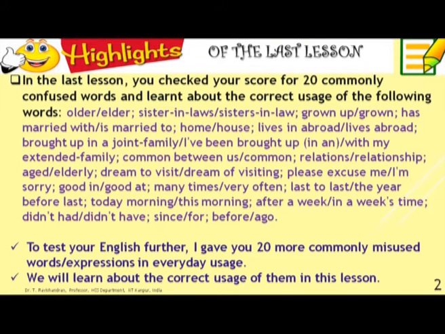Lives in, abroad, wrong. Lives abroad, right. Brought up in a joint family is Indianism. You need to say I have been brought up with my extended family. Even in an extended family is not exactly correct. You can say I have been brought up with my extended family.